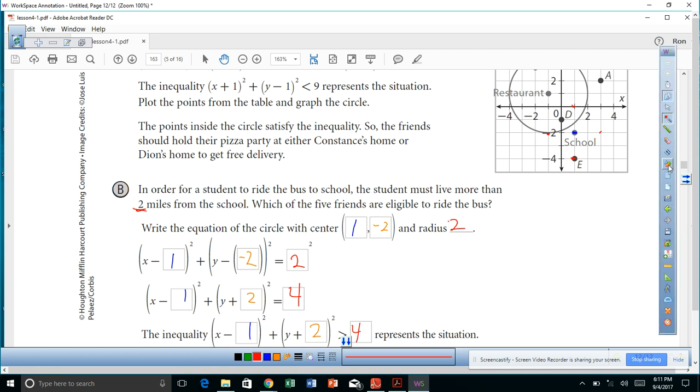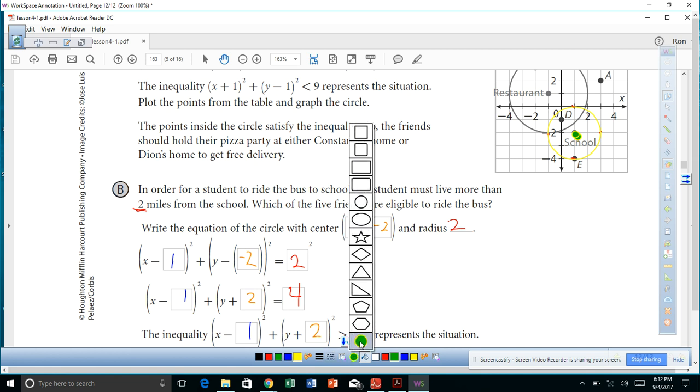So let's see if we can't draw that real quick. And I don't want to do it in black. Let's do it in red. Let's do it in yellow. Can you see that very well? That looks kind of hard to see. Let's try it in green. I don't want to do that because green is a filled in color there. But we could. Oh, how did I do that?